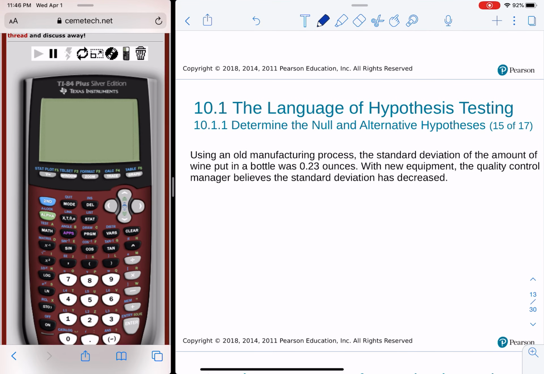So here is a case where the parameter is neither the mean nor the proportion. Rather, the parameter here is the standard deviation of the amount of wine put in a bottle. So that standard deviation, keep in mind, is a measure of variability.